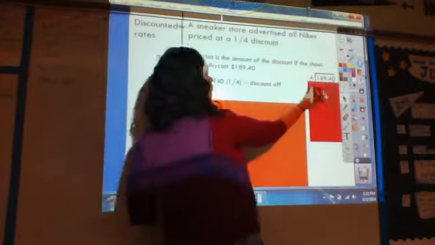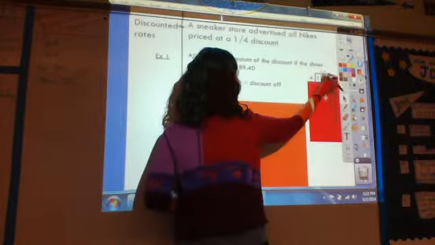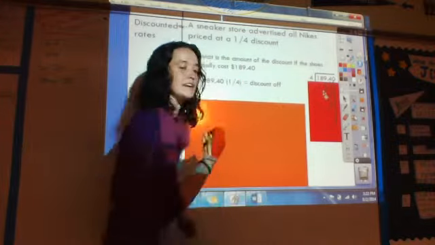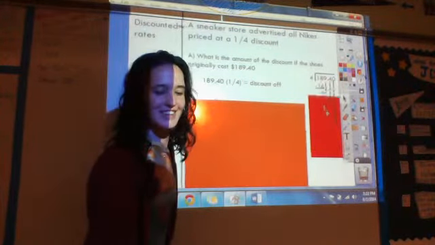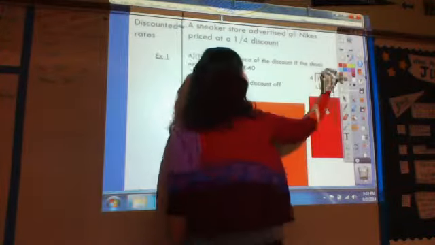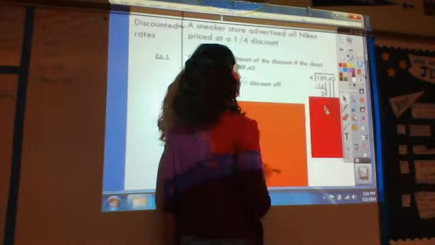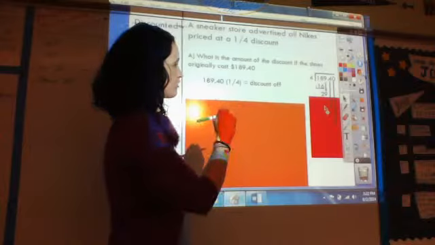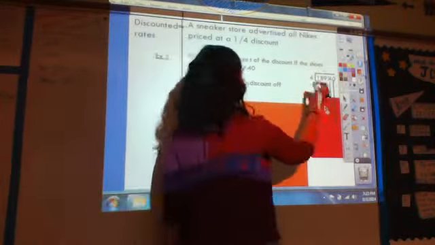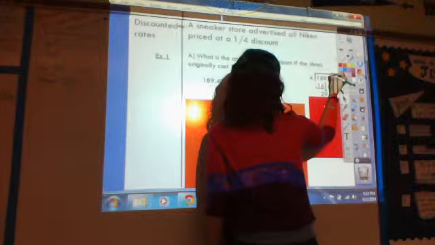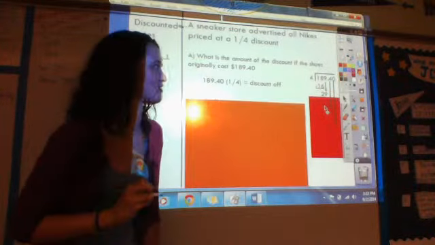How many times does 4 go into 1? 0. What about 4 goes into 18? What is that going to be? It would be 4 times. With 16 left over, 2 is going to drop down, 9 is going to drop down. How many times does 4 go into 29? The answer is 7. Do not forget your decimal.